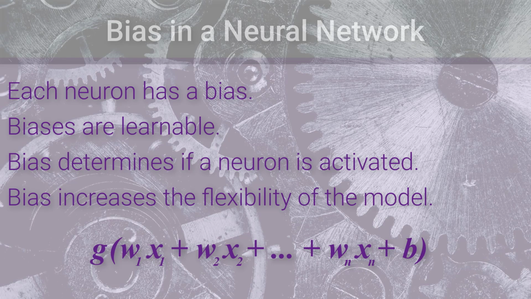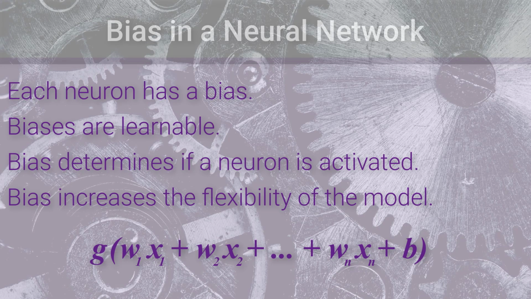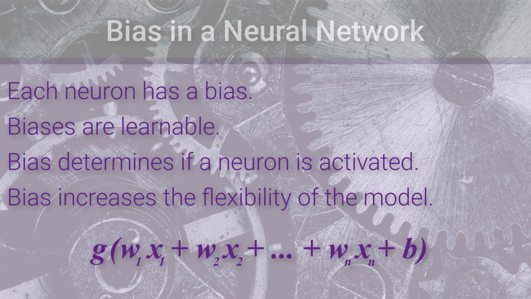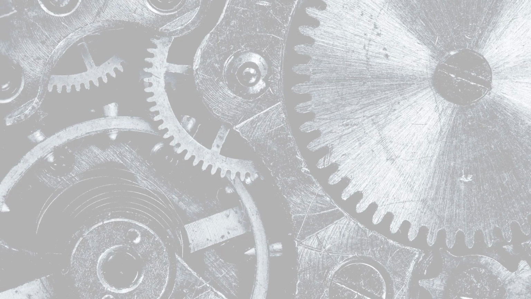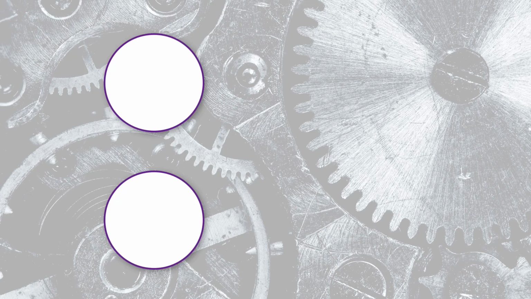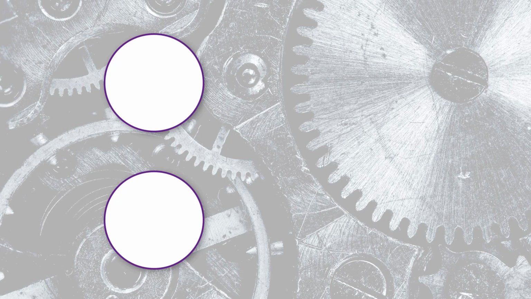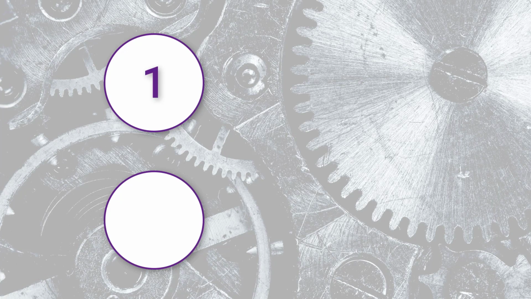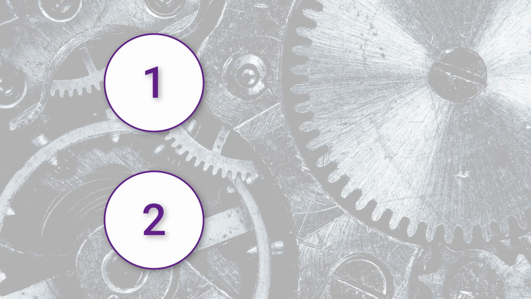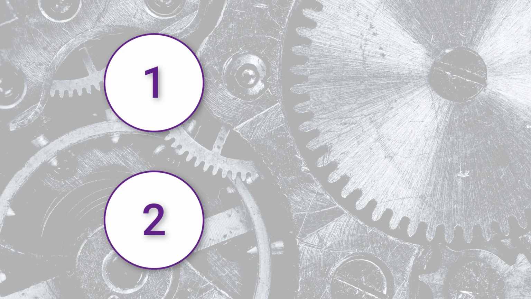Okay, well, what good is that? To explain this, let's look at a simple example that illustrates the role of this bias term in action. Suppose we have a neural network that has an input layer with just two nodes, and this first node has a value of 1, and the second node has a value of 2. Now, we're going to focus our attention on a single neuron within the first hidden layer that directly follows this input layer.